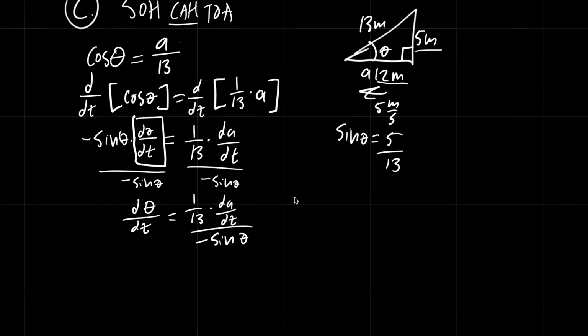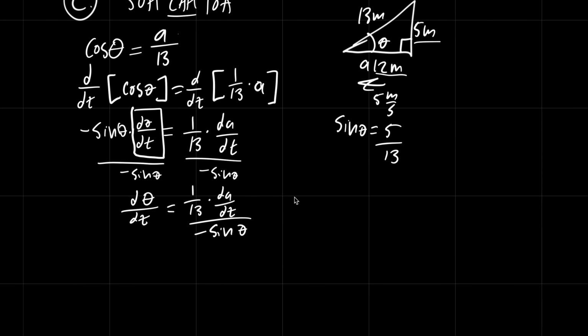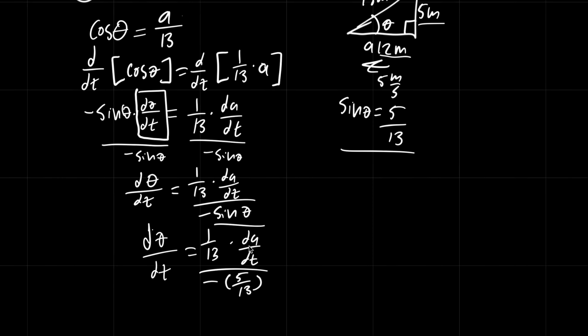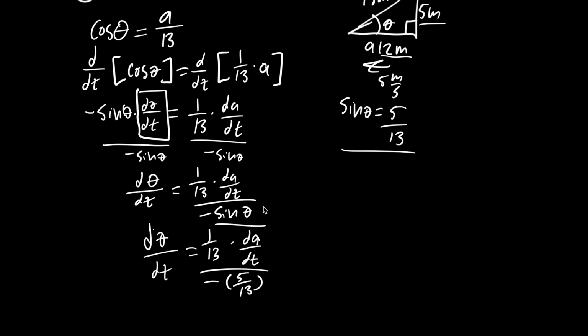So then we can just plug this into this. So we have derivative of theta equals 1 over 13 times derivative of A over negative, don't forget the negative, 5 over 13, and then we can just plug and chug.